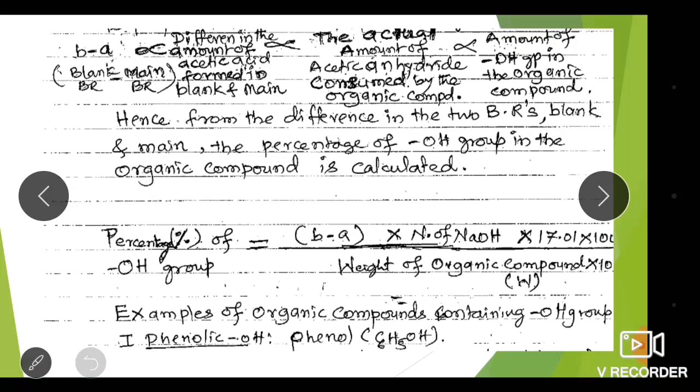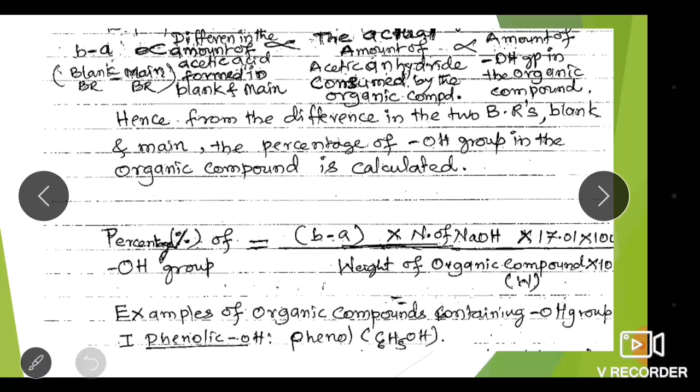So we can relate this: B minus A, blank burette reading minus main burette reading, is directly proportional to the difference in the amount of acetic acid formed in blank and main, which is directly proportional to the actual amount of acetic anhydride consumed by the organic compound, which is directly proportional to the amount of OH group in the organic compound.